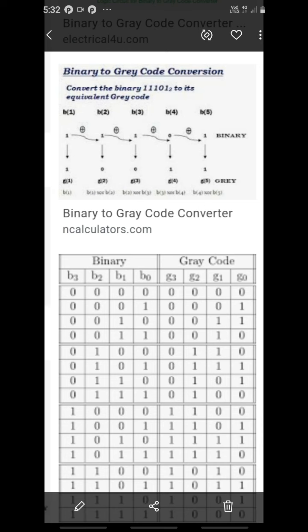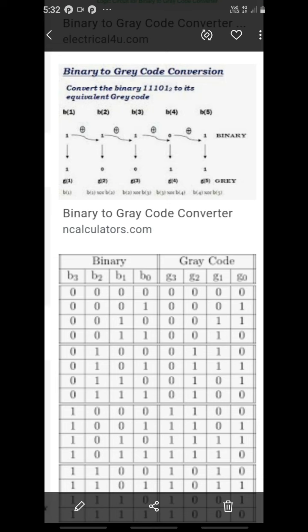The next is converting gray to binary and binary to gray code. So here, gray code: define gray code.